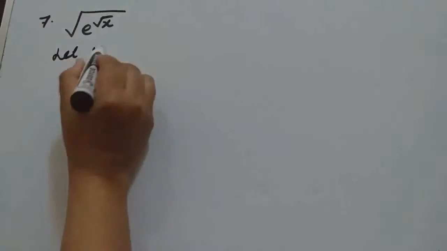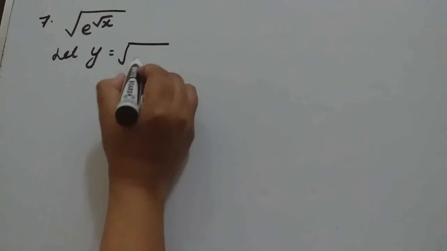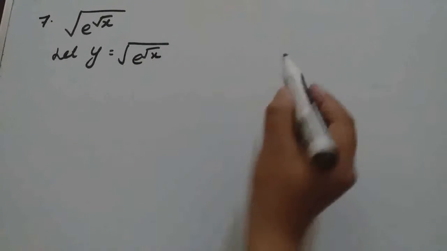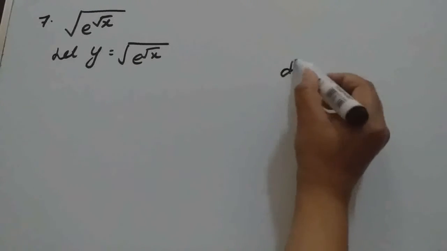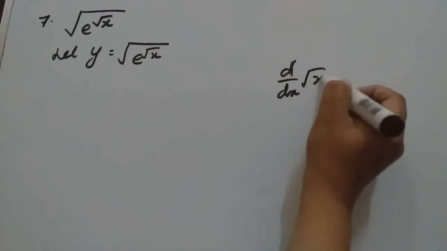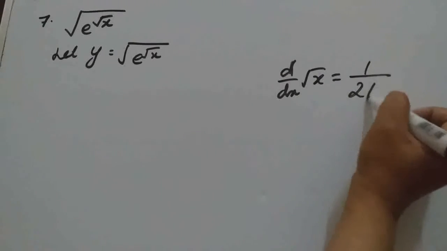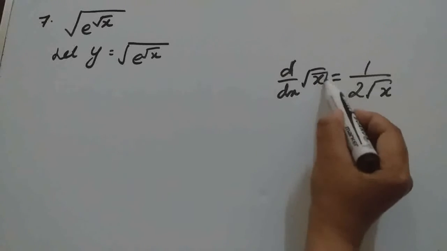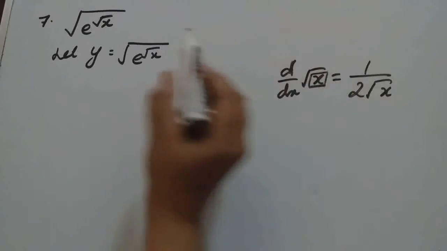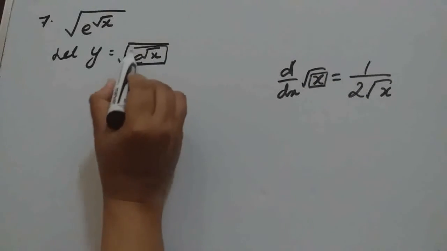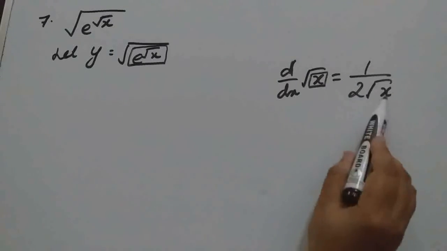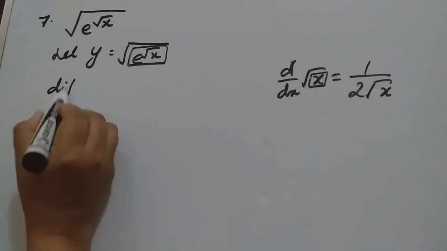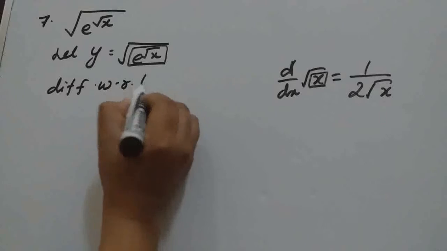Let y = square root of e^(√x). Now we know the derivative of √x is 1/(2√x), isn't it? This is a standard function. Now here, instead of x, this is given. So by using the formula, first we write, differentiate with respect to x.